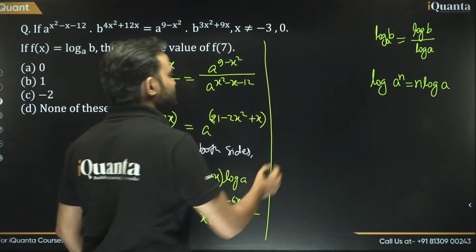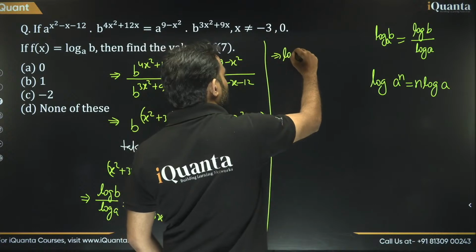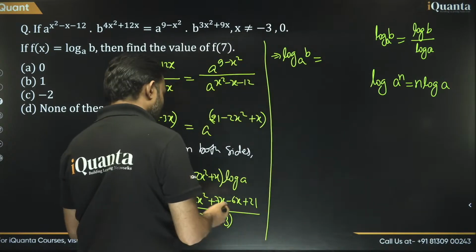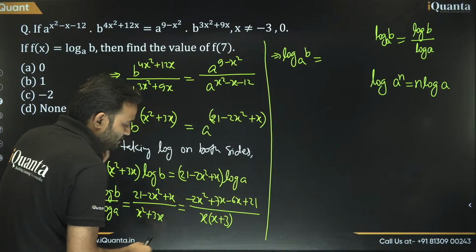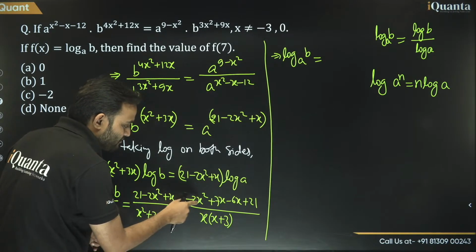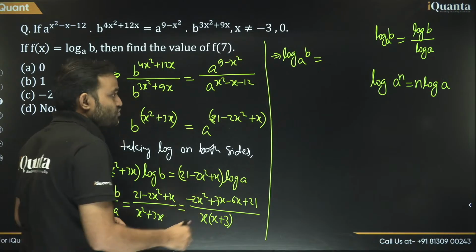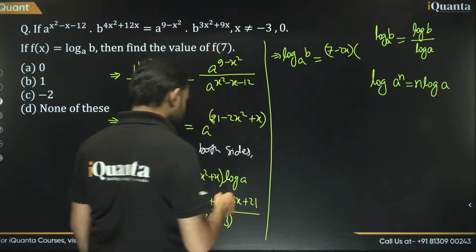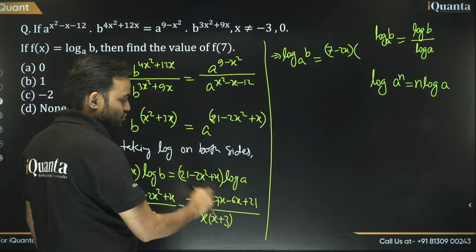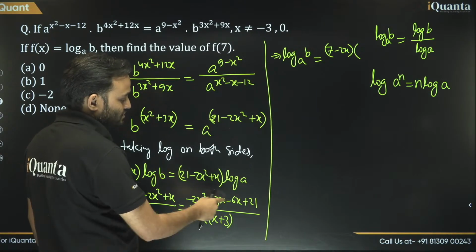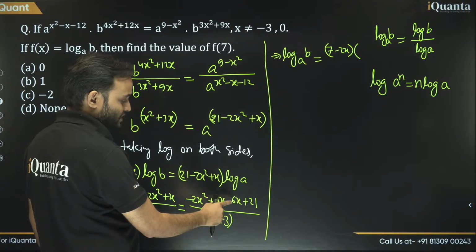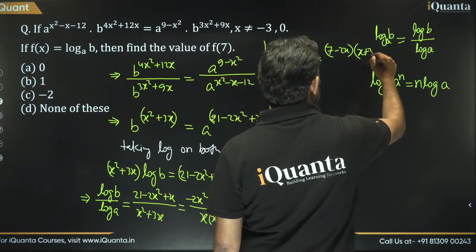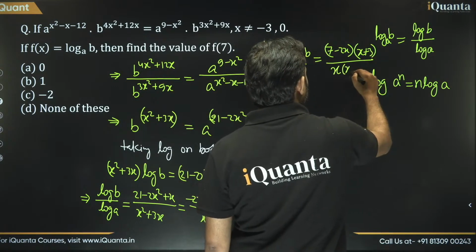Now from there, log b upon log a becomes log b base a. Log b base a is equal to, if I take x common, it will be 7 minus 2x. So 7 minus 2x into, we can take 3 common here, so this will become x plus 3, divided by x into x plus 3.